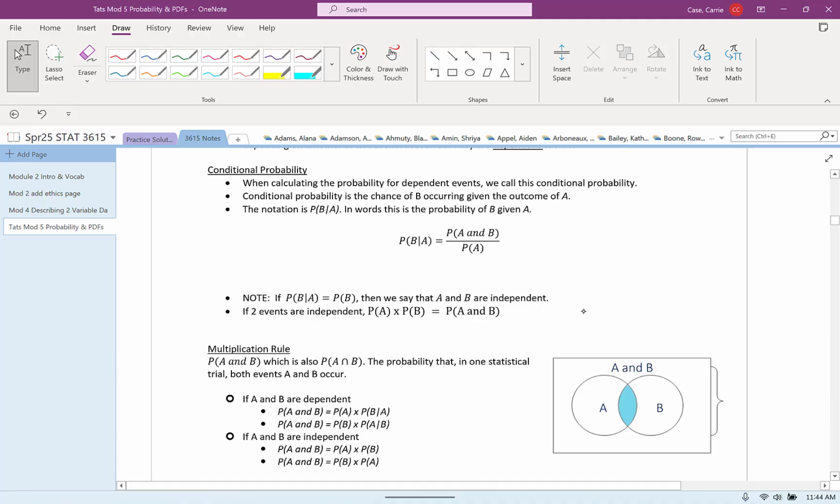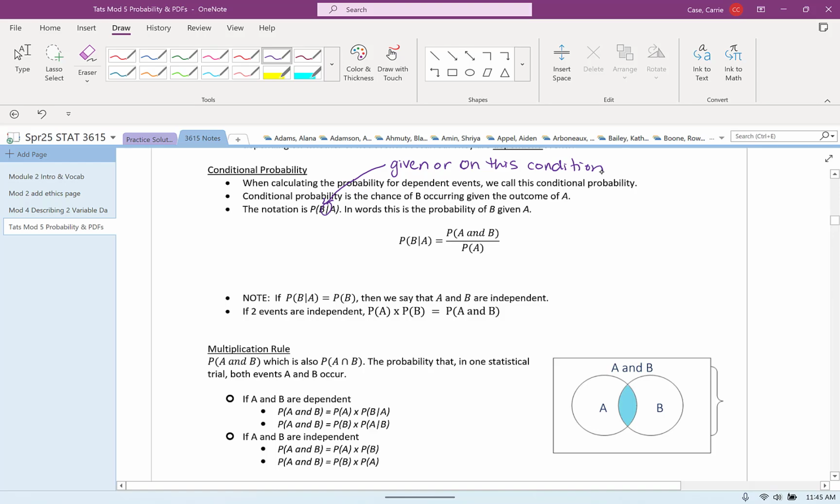Conditional probability. When calculating the probability for dependent events, we call this conditional probability. Conditional probability is the chance of B occurring given the outcome in A. The notation is B vertical line A, where this line means given, or on this condition.